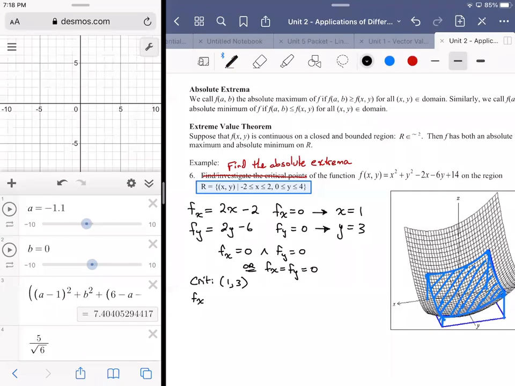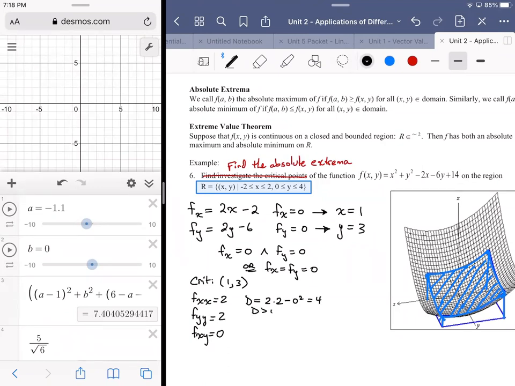So f sub xx, f sub yy, f sub xy. So 2, 2, and it looks like a big old goose egg here. So I can get my discriminant. 2 times 2 minus 0 squared, which is 4.